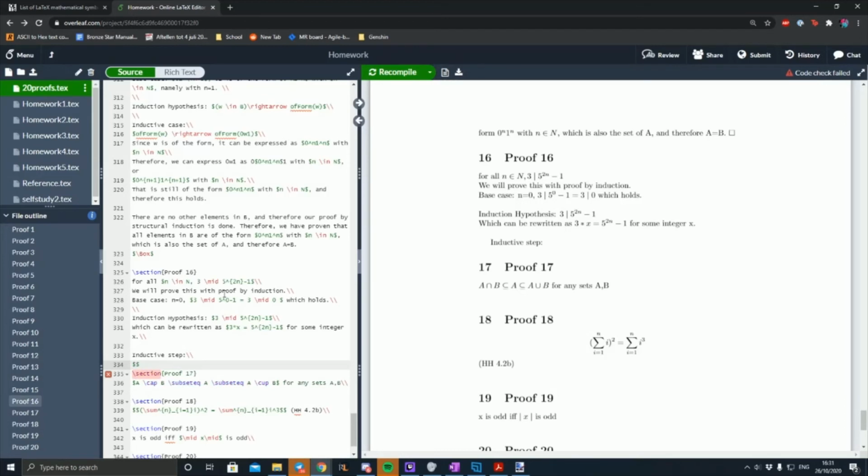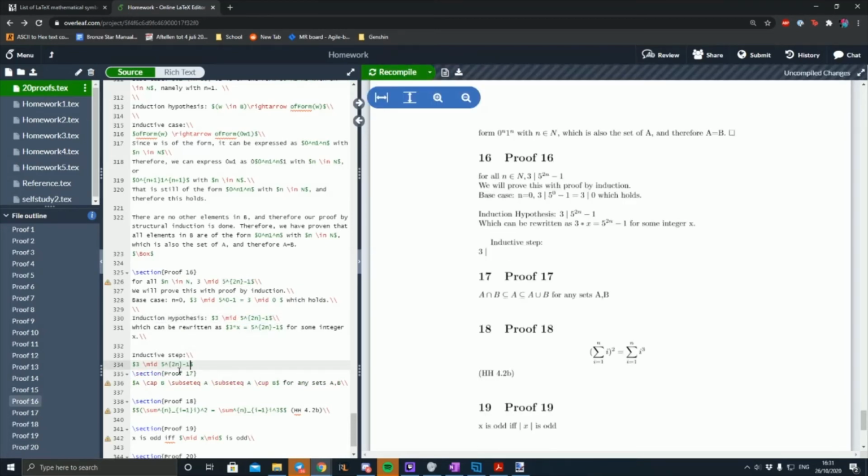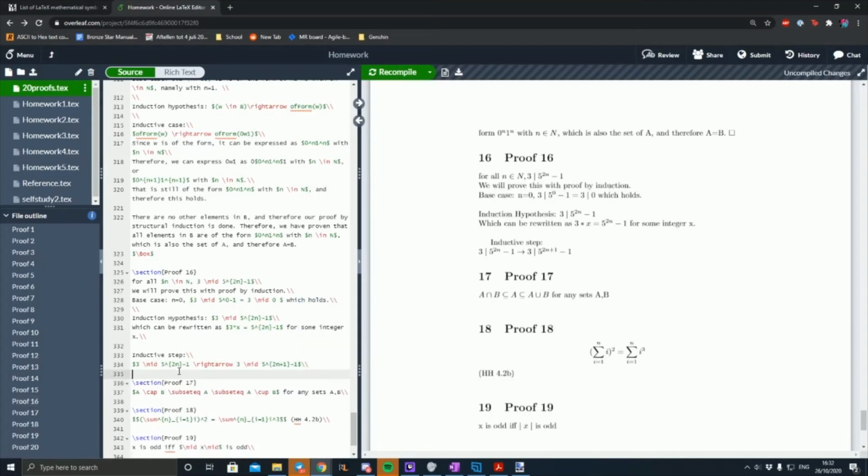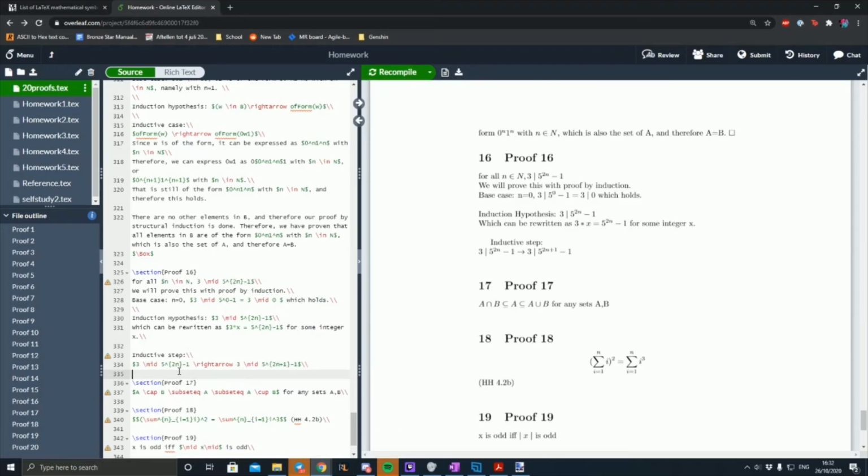So we want to show that 3 divides this thing implies 3 divides this thing. Don't forget it's 2n plus 2, or 2 times (n plus 1) in parentheses.